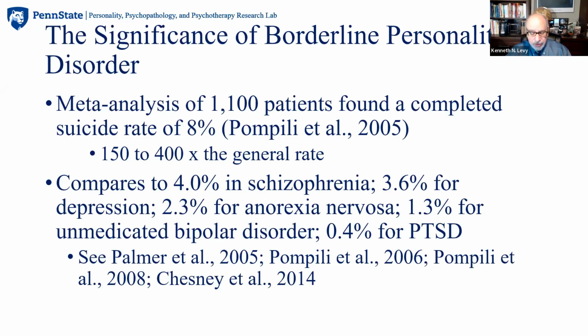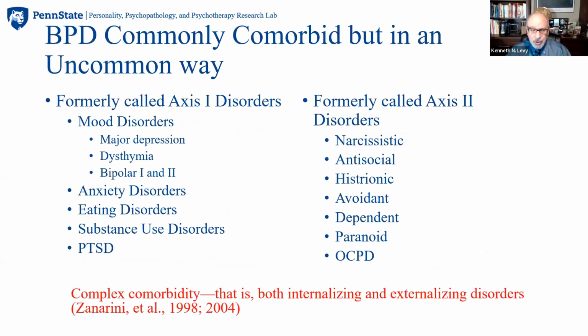Now, I want to talk a little bit about the comorbidity. Because borderline personality disorder is frequently comorbid with other disorders, sometimes people have said that comorbidity might undermine the validity of the disorder because maybe it's these other things. But as I point out here, BPD is commonly comorbid with other disorders, but in a pretty uncommon way.